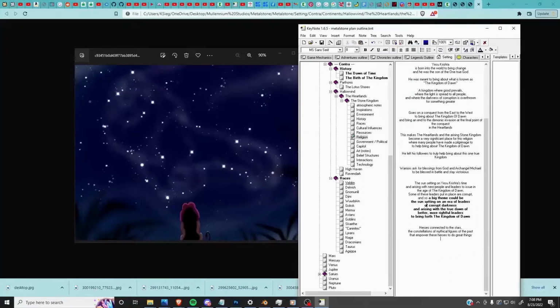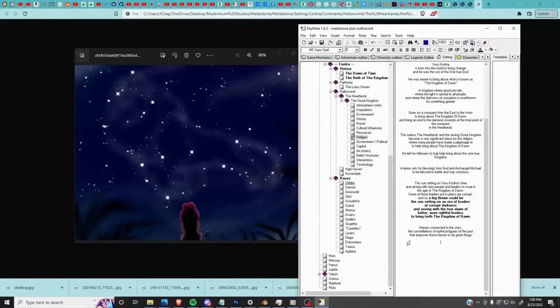And with these two things I put down, I can actually see how these could connect, because in this first one, a big part of the symbology is the sun setting on what was basically darkness and eventually arising with the true light. So you have this element of darkness. And in the second thing, you have these heroes connected to the stars, the constellations of mythical figures of the past that empower these heroes to do great things.